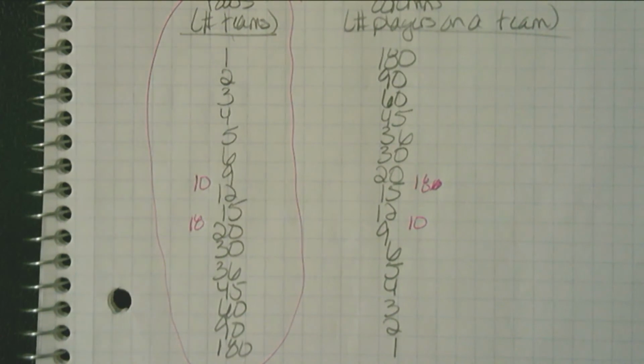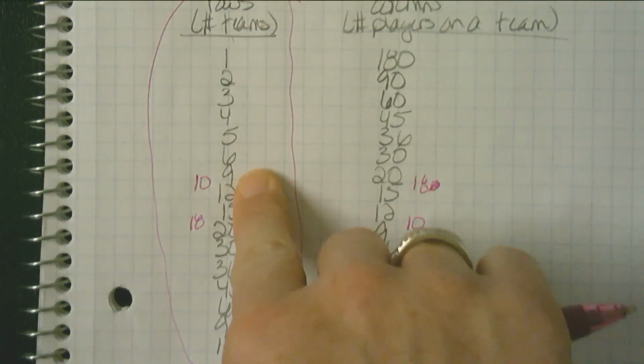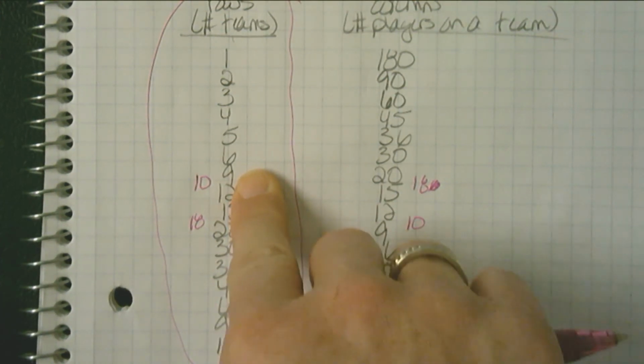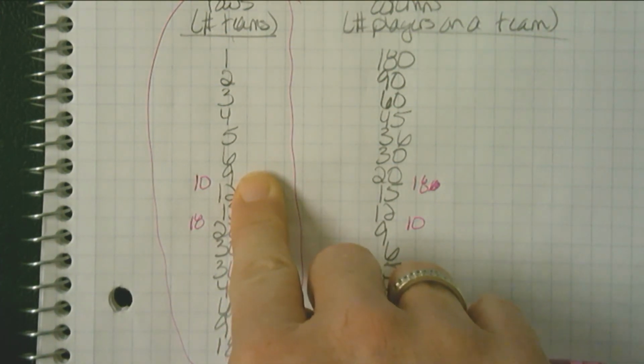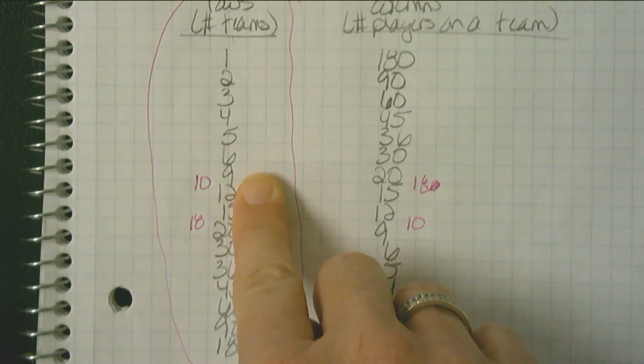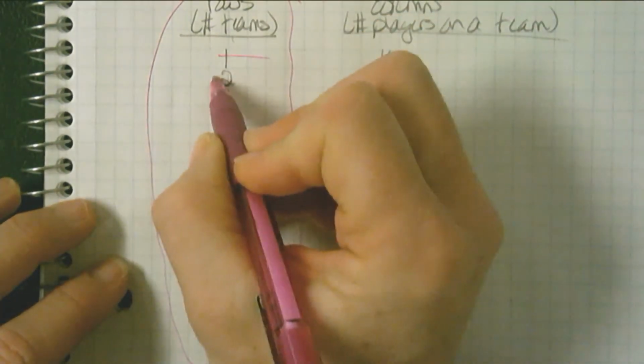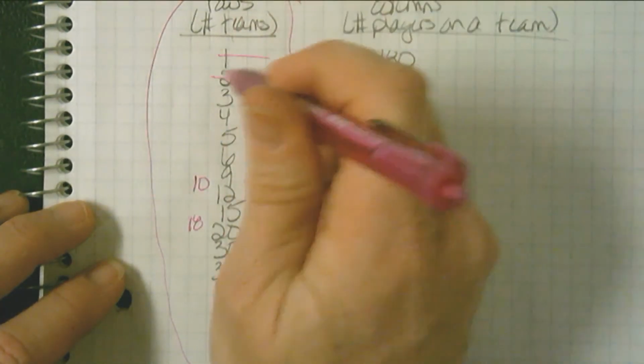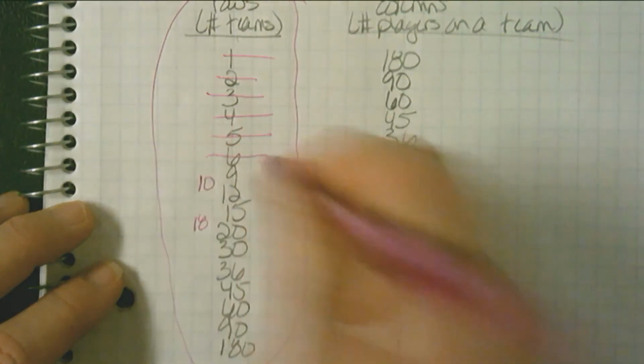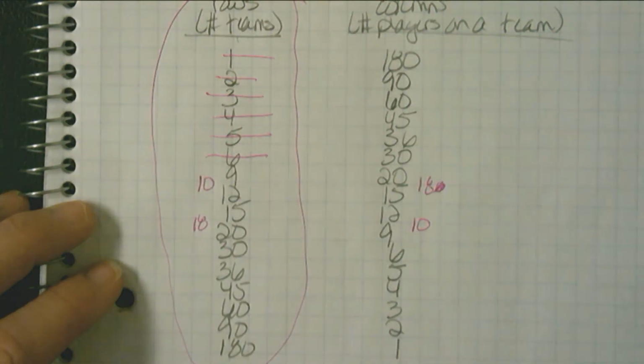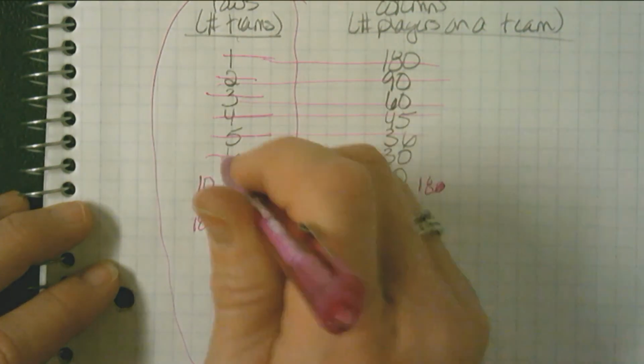The nice thing about how I organize this is that I started with 1 and worked my way up. And now I can see all of them in sequential order, the ones that don't meet this. How many of you guys can see that's how I've organized it? So none of these meet this. At least 8 teams. So I need to get rid of all of those. So I'm getting rid of all of these options.